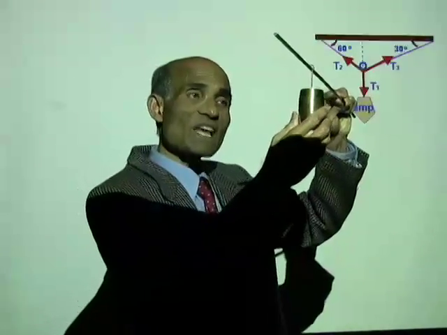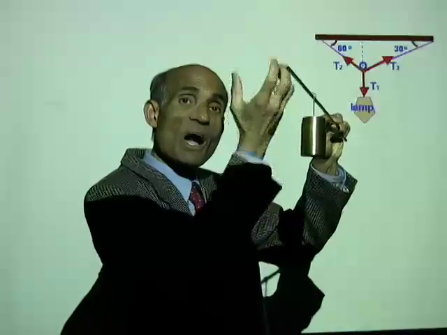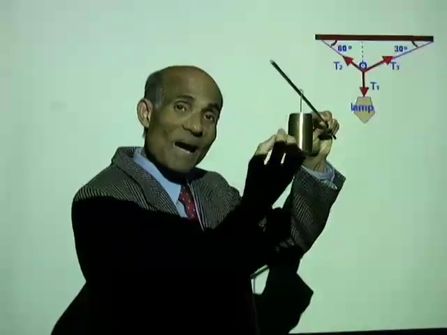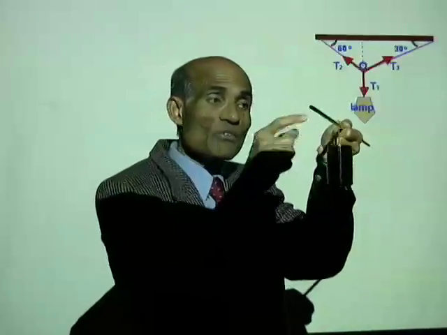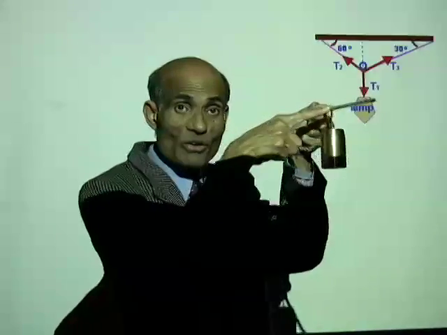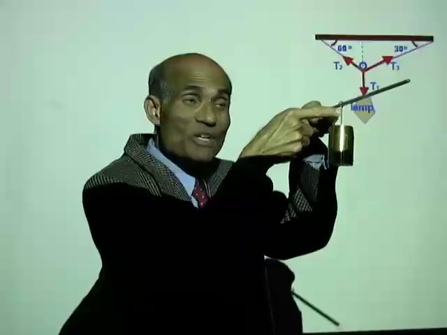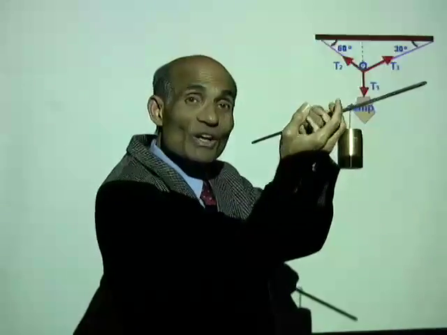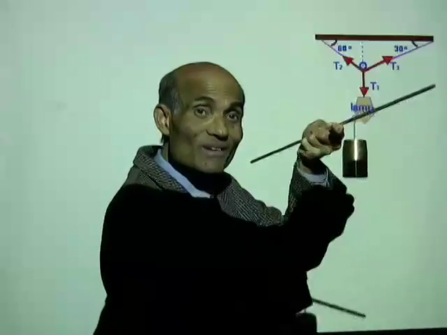When this mass is hanging, the tension on this cable is upward because it is balancing the weight of the mass. But if you now look at the forces at this point, that tension is now downward because that force is pulling this point downward.